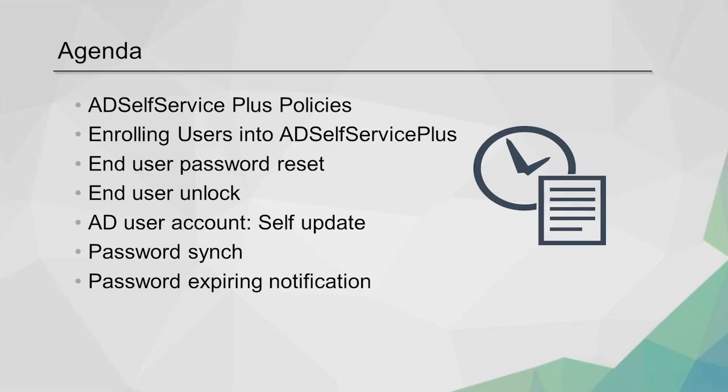People do it for mail, they do it for Facebook, they do it for Amazon accounts, they do it for all of these different things. So users are very in tune with this. And why we haven't done this in a business environment using Microsoft Active Directory, I really don't know.